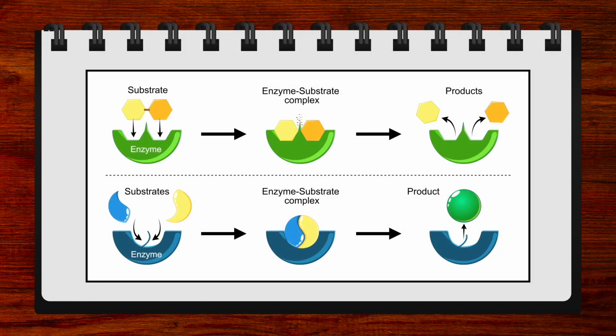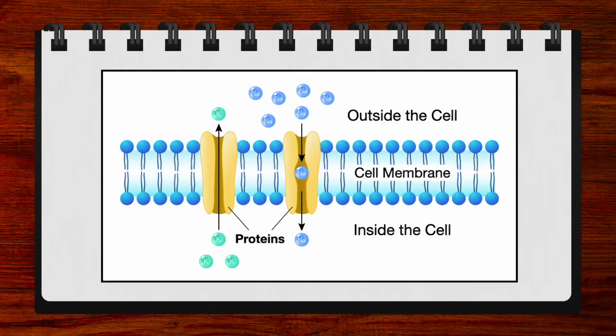Then we can also look at enzymes, which are proteins. We've seen enzymes work in the manner illustrated on top, where an enzyme splits a larger compound to create individual products. Nevertheless, enzymes in the body can work the other way around, taking two substrates and joining them to make a new product.